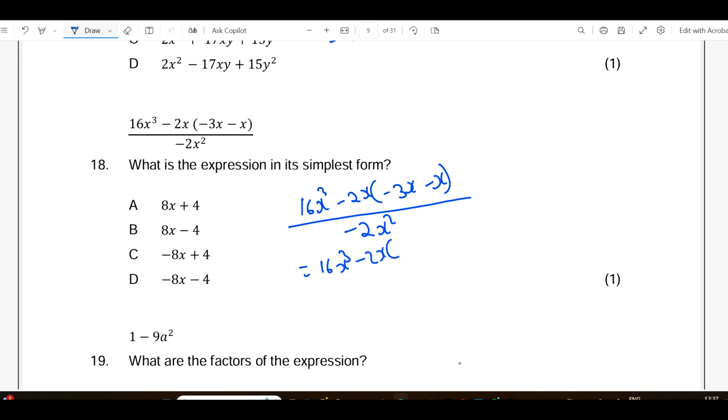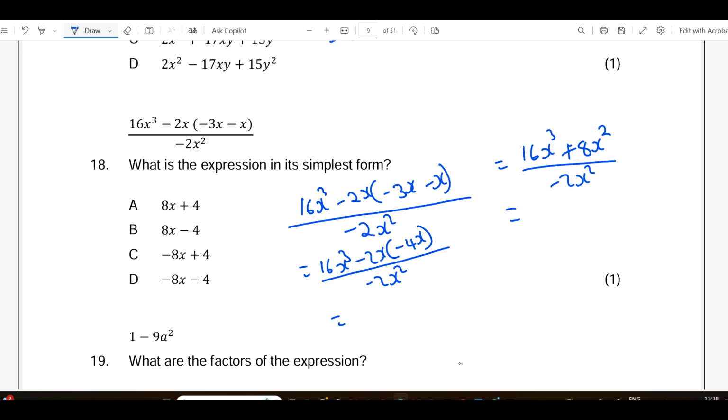These are like terms. Minus 3x minus x is minus 4x. Then negative 2x times negative 4x is going to be positive 8x squared, divided by minus 2x squared.